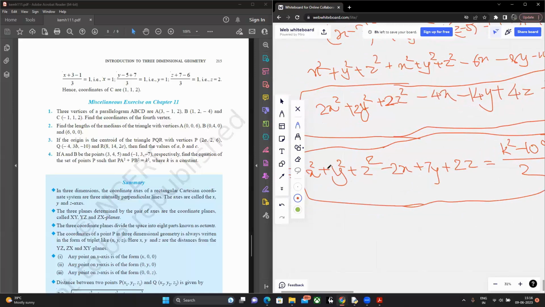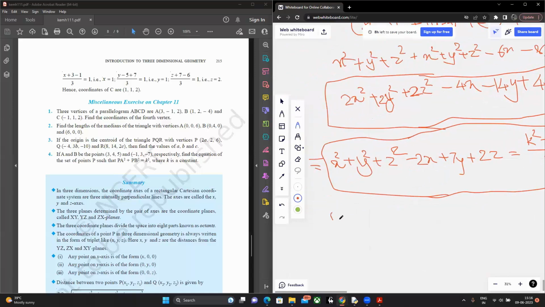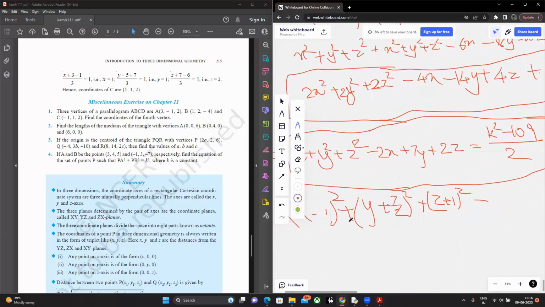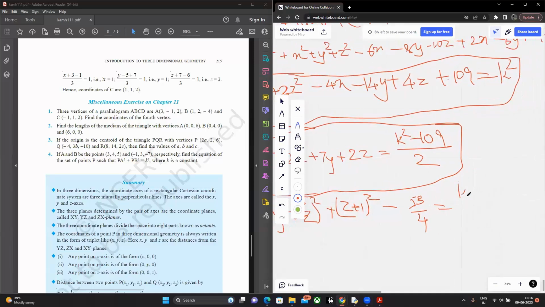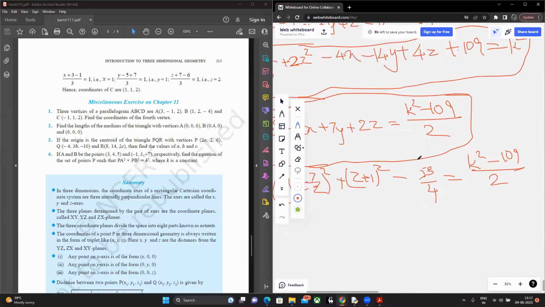Some other forms you can try to represent it as a standard sphere, like x minus 1 the whole squared plus y plus 7 by 2 the whole squared plus z plus 1 the whole squared minus this, what? 1 plus 1, that is 2, 2 plus 49 by 4, that is 53 by 4, right? So this can be 53 by 4 minus 53 by 4 is going to be equal to k squared minus 109 divided by 2, right?